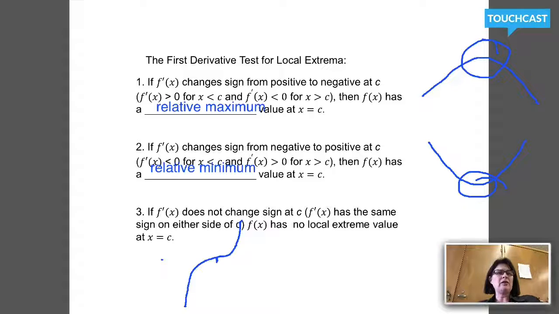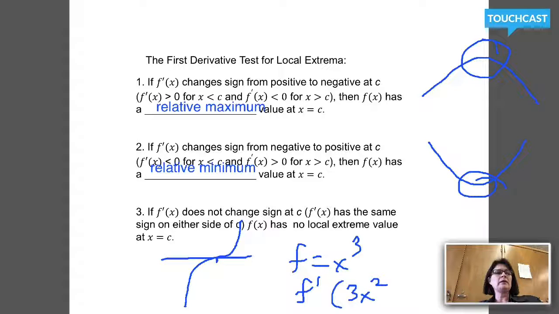Right there at x equals 0, I have a horizontal tangent, because if f equaled x cubed, f prime is 3x squared, and f prime of 0 equals 0. So I found a place where the derivative equals 0. But just the fact that it's a critical point doesn't make it a relative min or a relative max. The derivative, f prime of x, has to change sign.